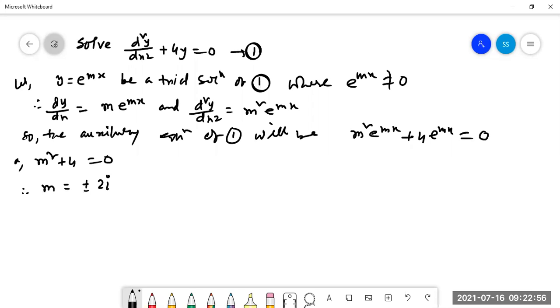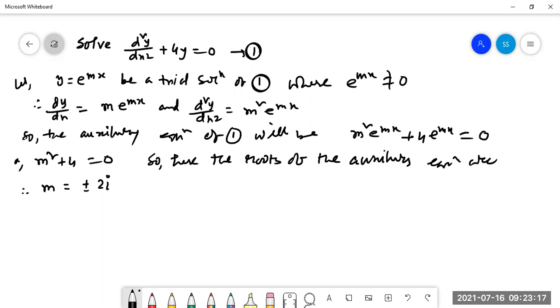As m² equal to minus 4, so m equal to plus minus 2i. So here the roots of the auxiliary equation are complex, right?